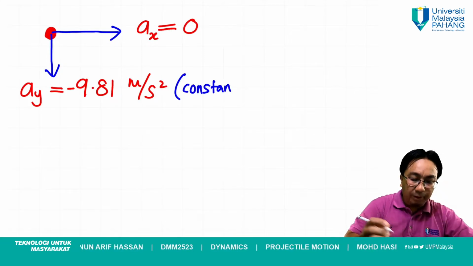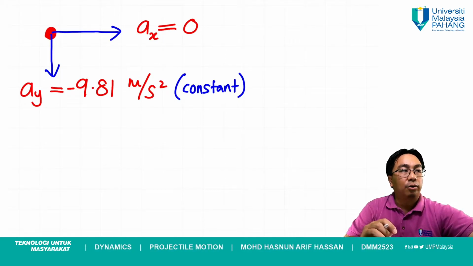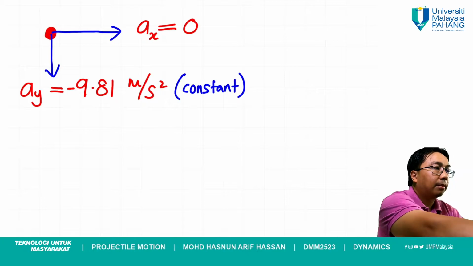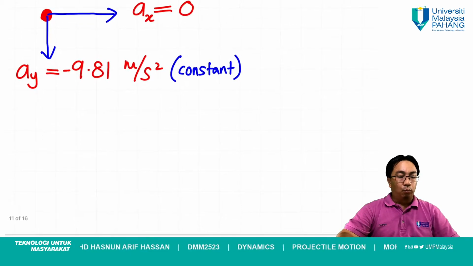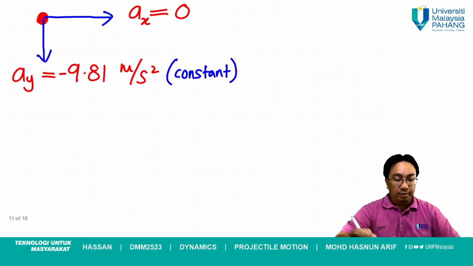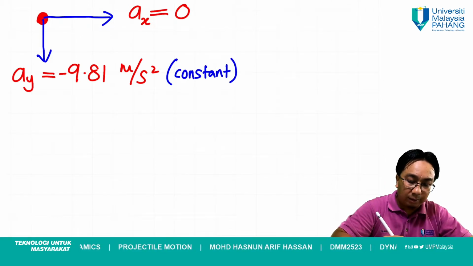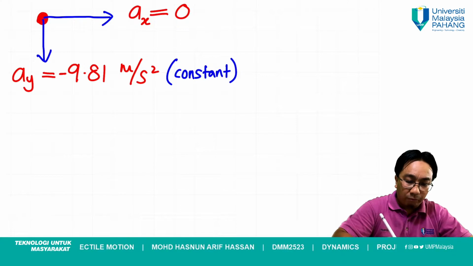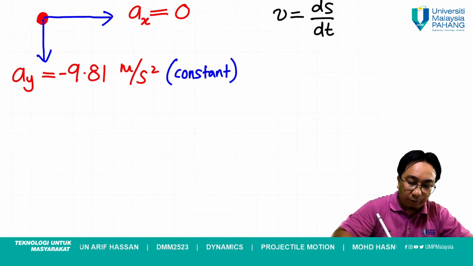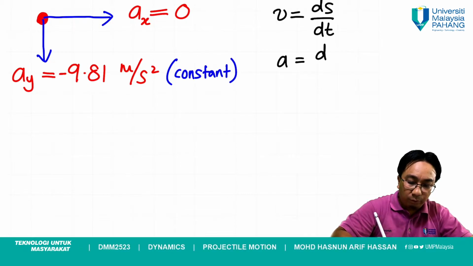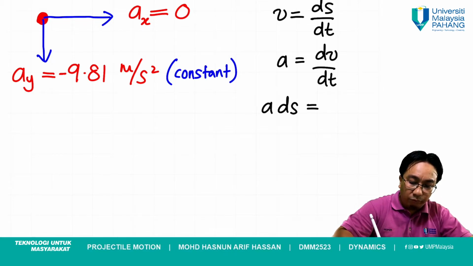Remember in our previous class we learned about constant acceleration? Who remembers? When the acceleration is constant, from the basic kinematics equations we have v equals ds over dt, a equals dv over dt, and a ds equals v dv.